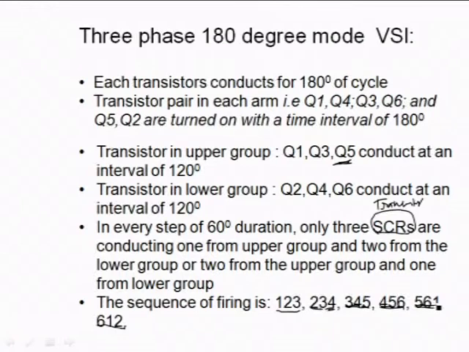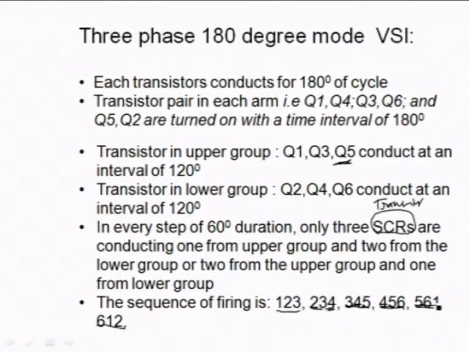So, in 180 degree mode of conduction, in each pair Q1 and Q4 conduct in an interval of 180 degree. The transistors in the upper group, the odd numbers 1, 3, 5, conduct in an interval of 120 degree, and the transistors in the lower group also conduct in an interval of 120 degree.